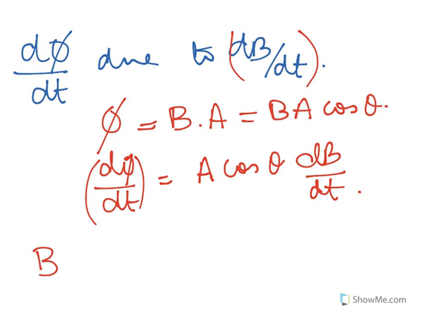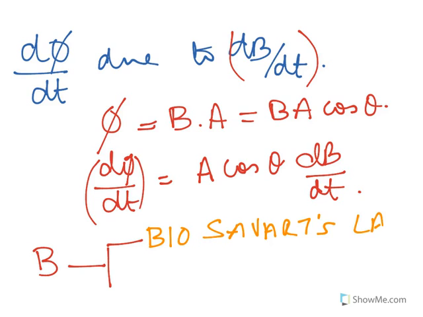B can be found out either by using Biot-Savart's law or by using Ampere's circuital law.